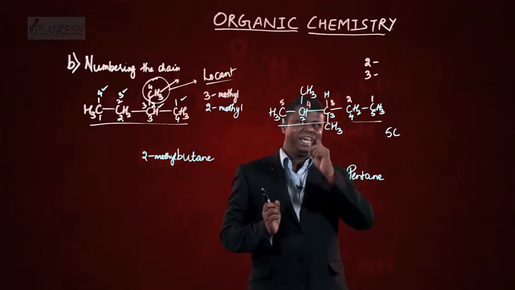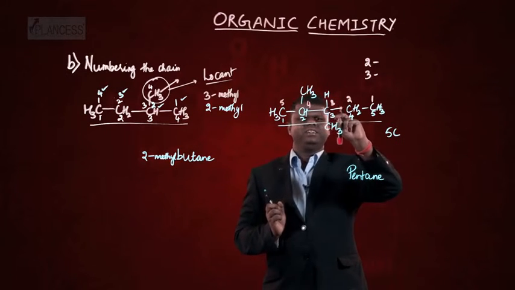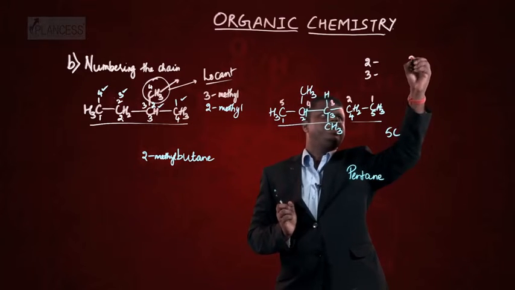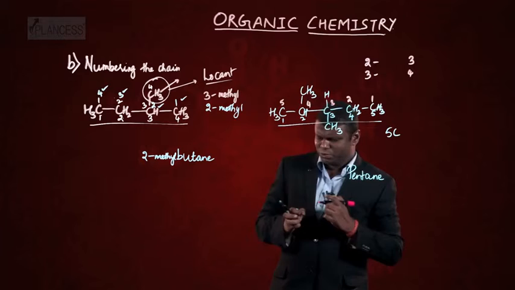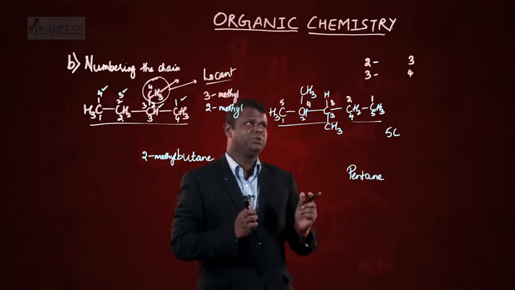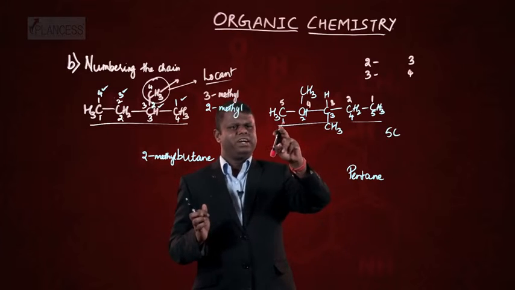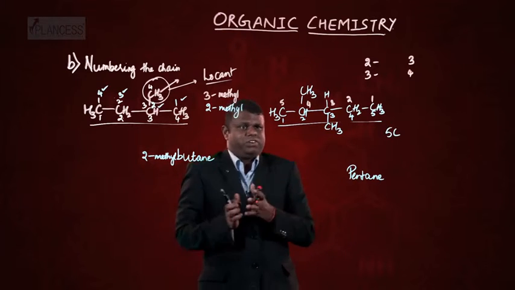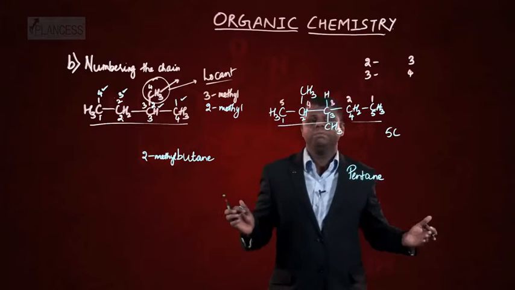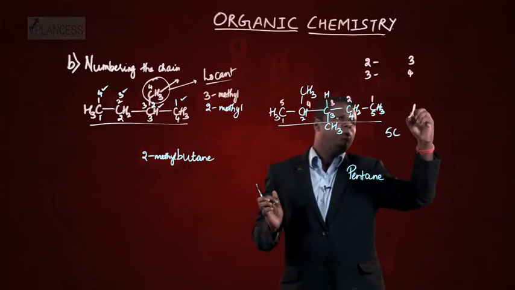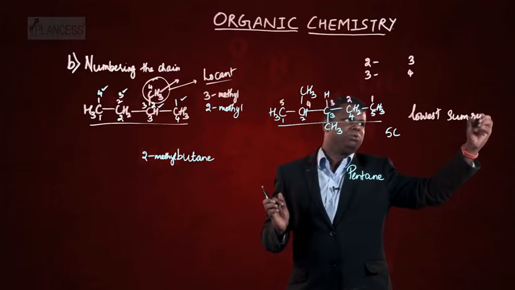In this case, the methyl groups get the numbering 3 and 4. Sometimes it's very confusing. Now it's like 2, 3 and 3, 4. So you have to select this chain and number it. There is one very simple rule known as the lowest sum rule.